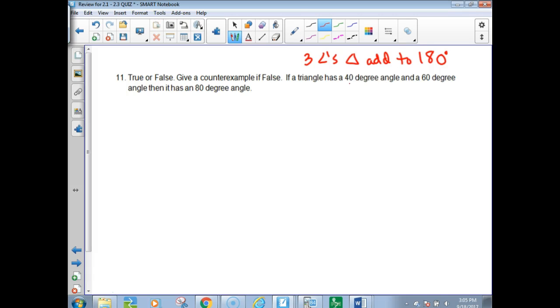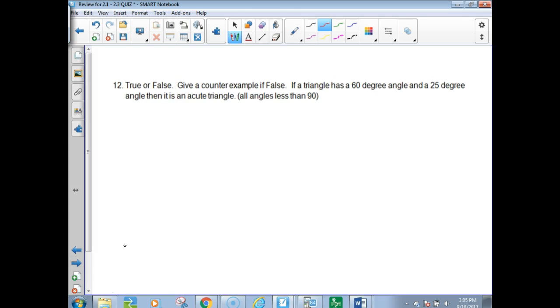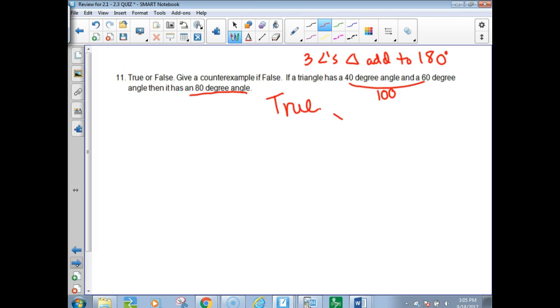Okay, now, these 2 are 40 and 60, so that's so far 100. And then it says the third one is 80, so this is all good because they add up to 180. So this one would be true.